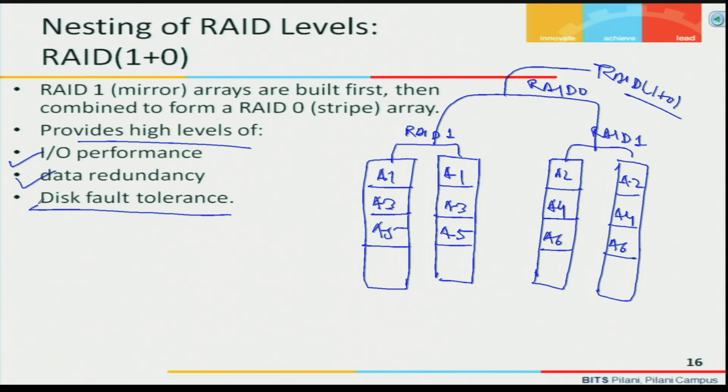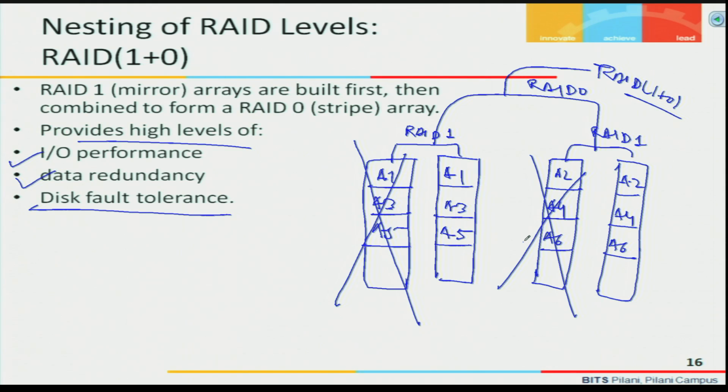How? Let us say it can support 2 disk failure. How? Let us say this disk fails from this side and this disk fails from this side, still data availability is there. You can recover the data, because all blocks 1, 2, 3, 4, 5, 6 are there. So, the condition is what?